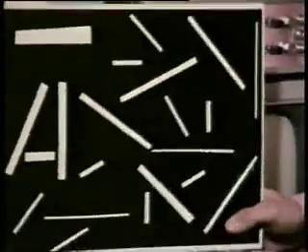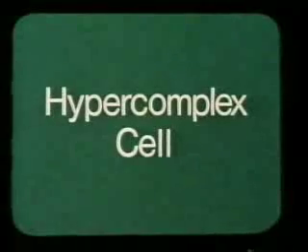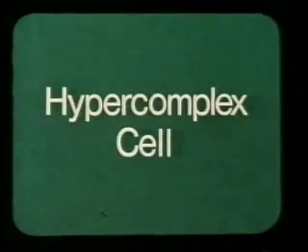There is a third class of cortical cell we can find, and because their properties are so complicated, they're called hypercomplex. They again respond to a moving bar, but not only must it be of the correct orientation, it must also be of exactly the right width and length. This hypercomplex cell responds to a diagonal bar moving downwards.